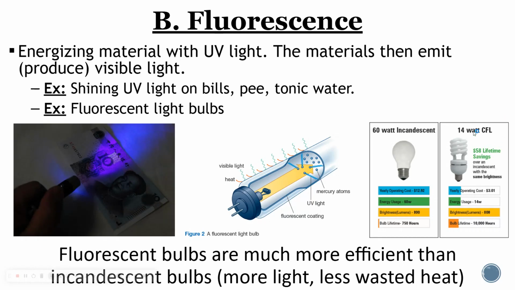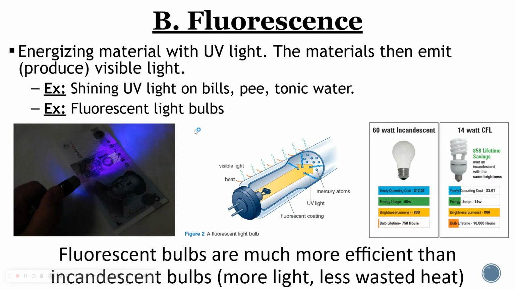This is an example of fluorescent light bulb over here, a compact fluorescent light bulb. The same process or similar process happens within when you turn on electricity. So basically fluorescence is when you cause the fluorescent material to become very excited with energy, and it causes it to release visible light. One practical application of that was shining UV light onto paper money, and little designs would fluoresce to see if it was real or fake money.